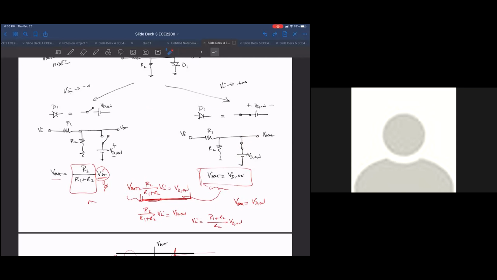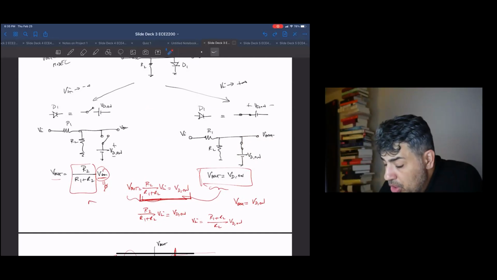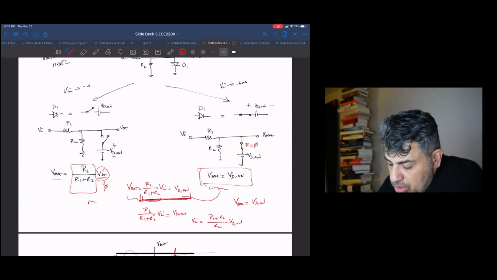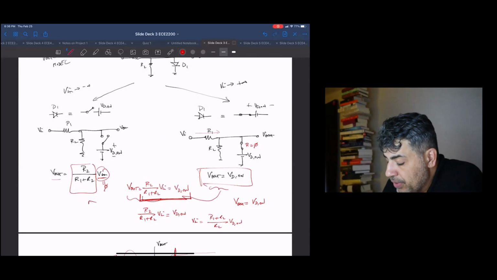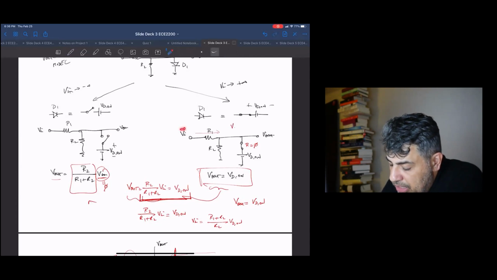I'm assuming since V out equals VD on, we're not getting any voltage from V in. But the resistance of this is 0. Okay, another way to look at it: say you do get a voltage from V in. What's that voltage going to be? If I do a KVL from the input, it's Vn minus the voltage drop across this resistor is equal to V out.